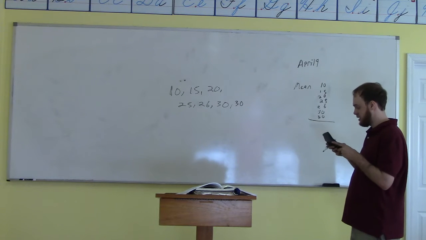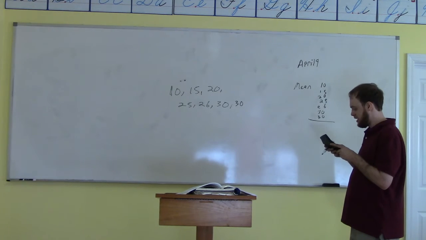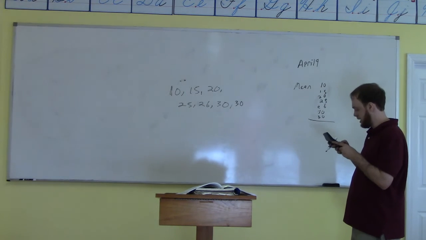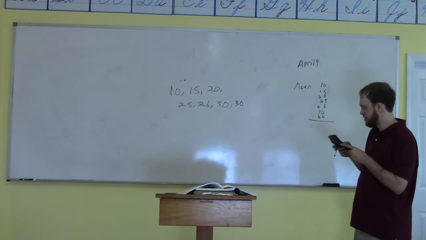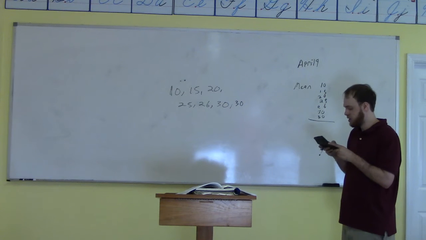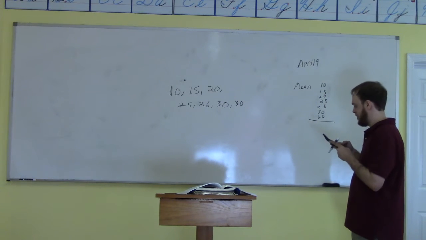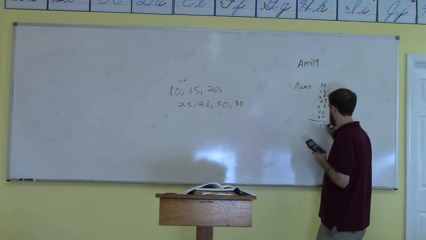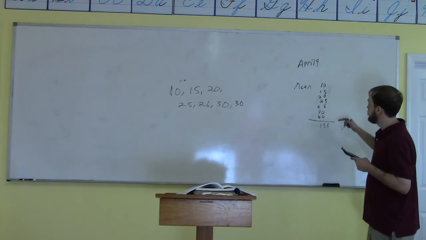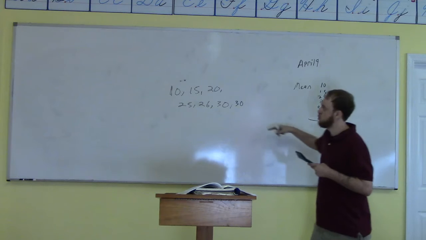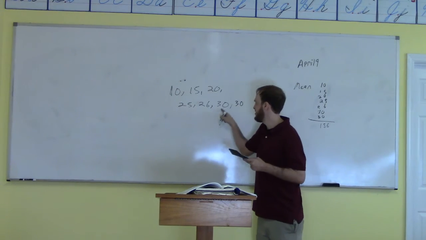So you do 10 plus 15 plus 20 plus 25 plus 26 plus 30 plus 30, and that'll give you 156. Then to find the actual mean, you divide by the total number of them. There's 1, 2, 3, 4, 5, 6, 7.